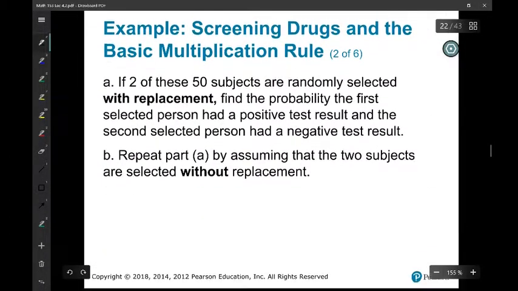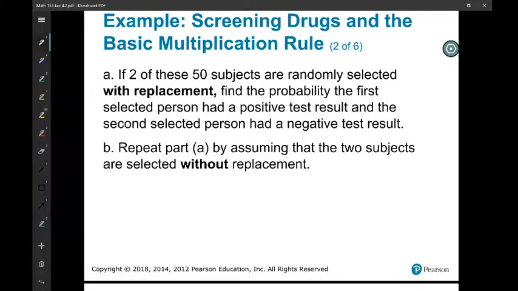If 2 of these 50 subjects are randomly selected with replacement, find the probability the first selected person had a positive test result and the second selected person had a negative test result. So with replacement would mean find the probability the first selected person had a positive test result.